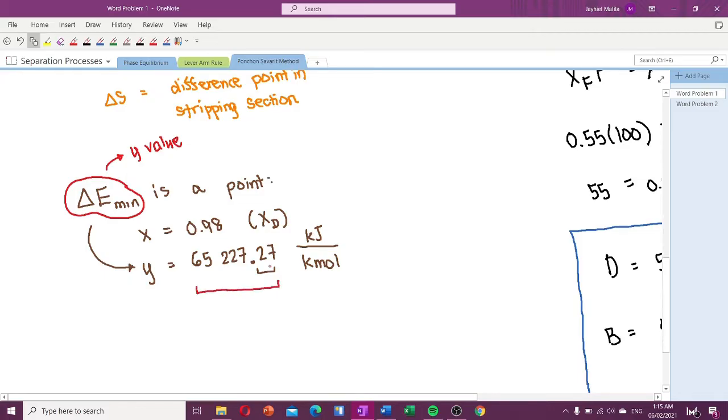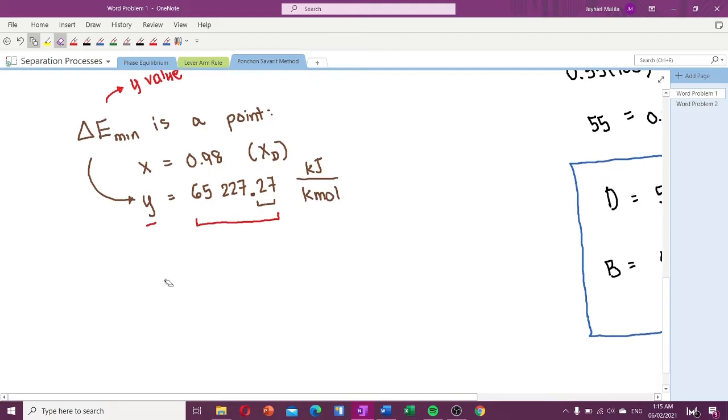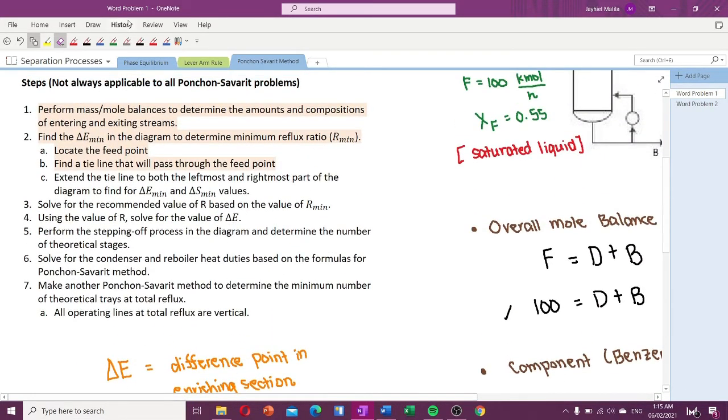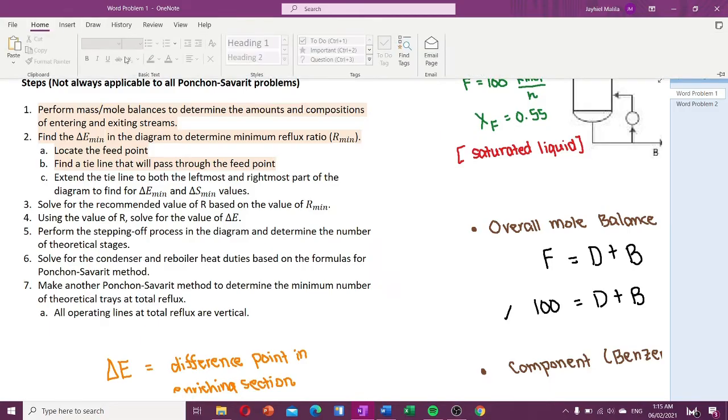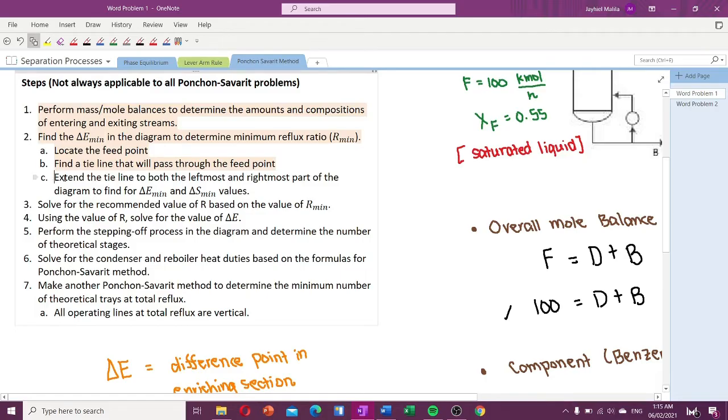But please be reminded that we are going to use the y value of delta E min and the symbol of delta E min interchangeably. So if I write delta E min as part of an equation, it is already assumed that what is asked is the y value of delta E min, which is 65,227.27 kilojoules per kilomole. All right, so we are finished with the part wherein we determine the value of delta E min.